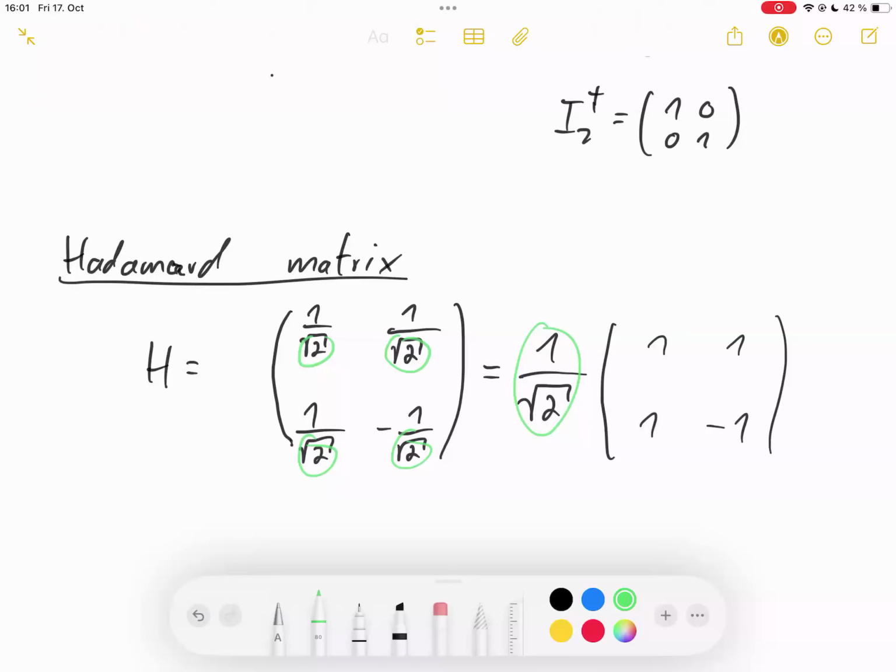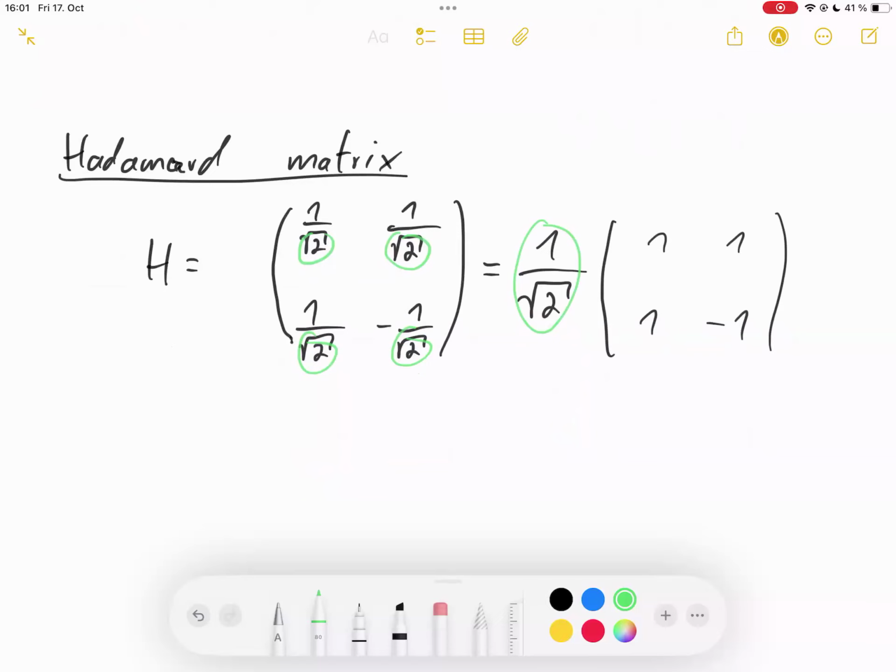You're maybe wondering, why is it square root of 2, not square root of 3? We will see this when we study quantum mechanics, because this 1 divided by the square root of 2 is a normalizer, so we're actually dealing with quantum mechanical states. But all of this is something we will study.